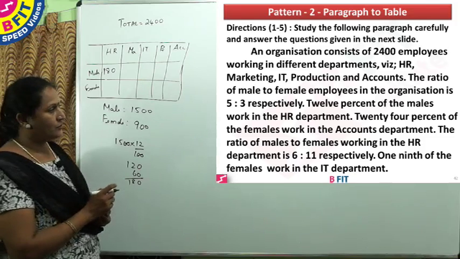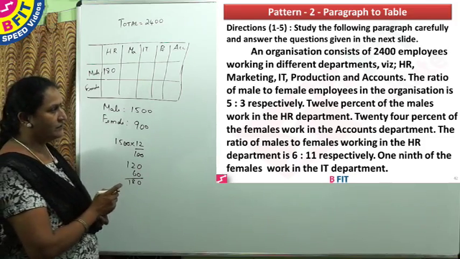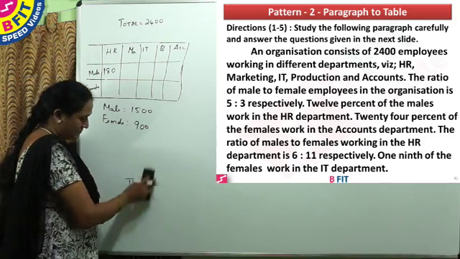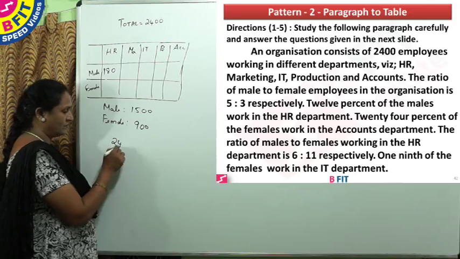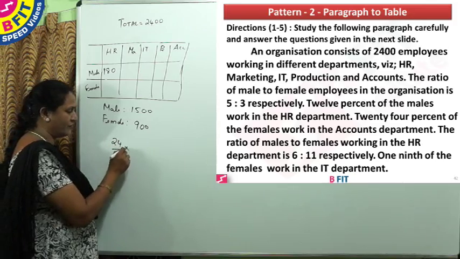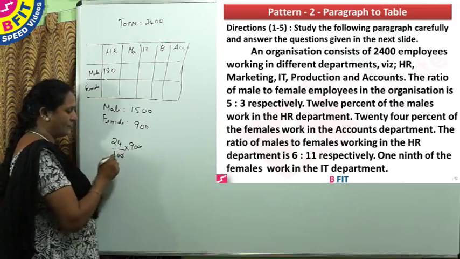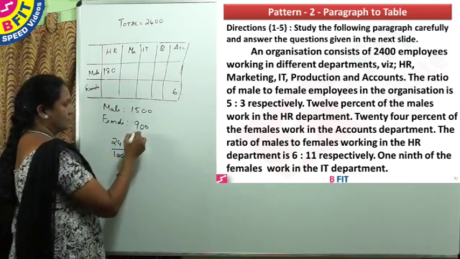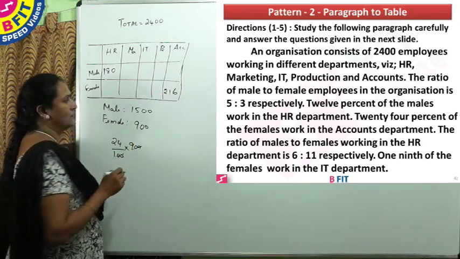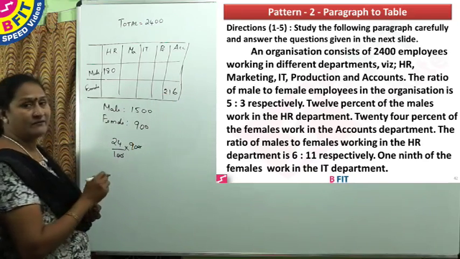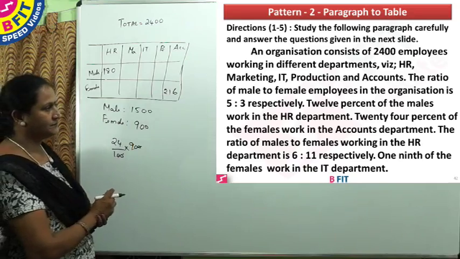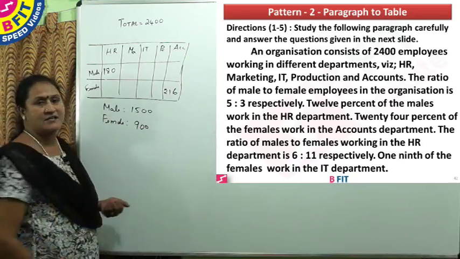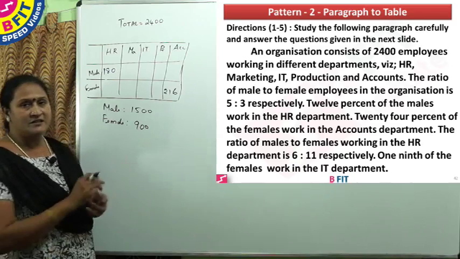24% of female work in accounts department. So 24% of female out of 900. Multiplying 24 and 9, it is 216 female work in accounts department. Now the ratio for male to female working in HR department is given as 6:11.